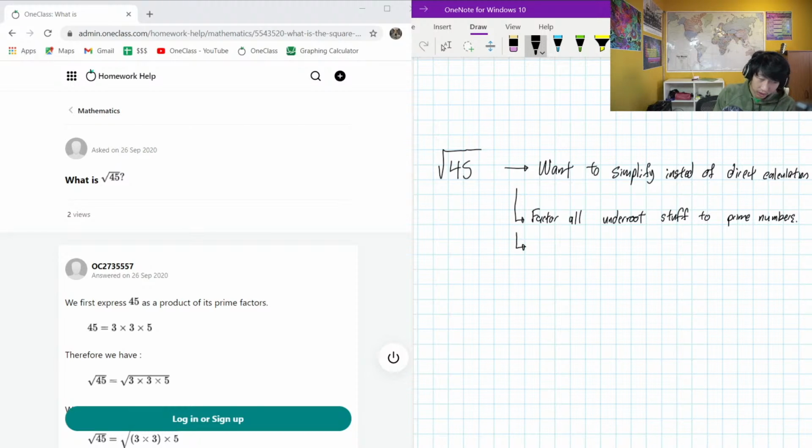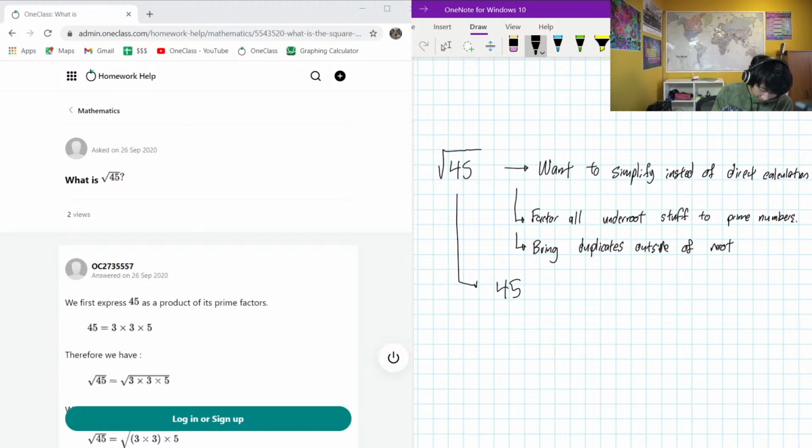And then anytime we have duplicates, we want to bring them outside of the root.